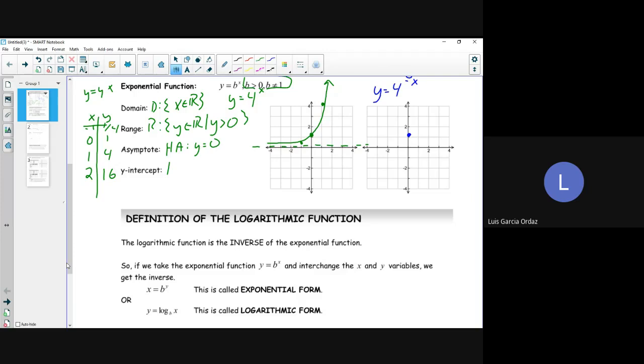However, negative 1 becomes 4, and 1 becomes 1 over 4. And we still have the same domain and range.